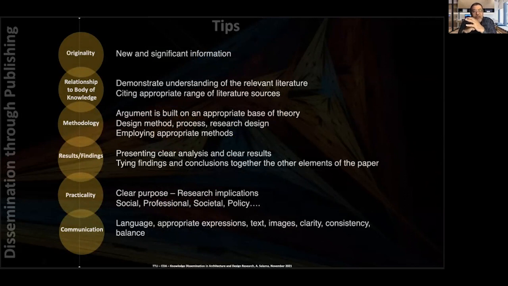So the most important thing is to write to address the criteria. So you can write the research, the draft paper, but then start to look at it from a critical perspective and whether it meets the criteria. And most of the journals make these criteria explicit in their web pages. And it is important to ask yourself the same set of questions that reviewers are asked by the journal to use when doing the reviews.